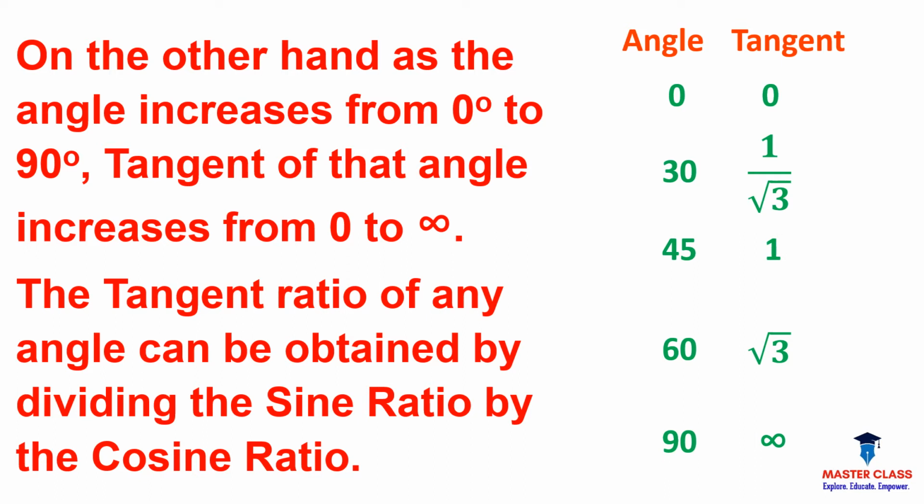On the other hand, as the angle increases from 0 to 90 degrees, tan of that angle increases from 0 to infinity. The tangent ratio of any angle can be obtained by dividing the sine ratio by the cosine ratio.